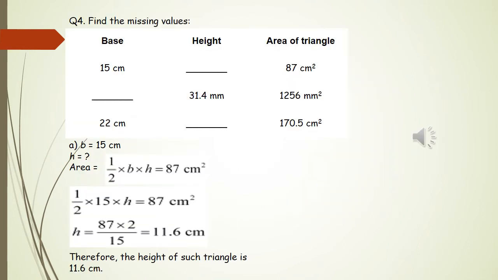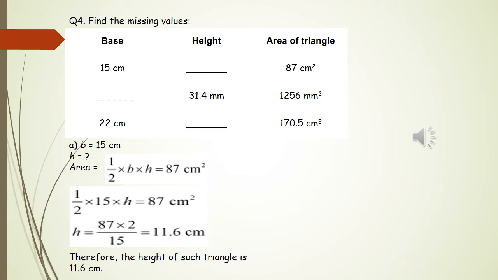Sum number 4. A table is given and we have to find out the missing values. In the first row, base of the triangle is given, area of triangle is given and we have to find out the height. First, let us write down the given data with proper symbols. Base b is equal to 15 centimeter and we have to find out h.